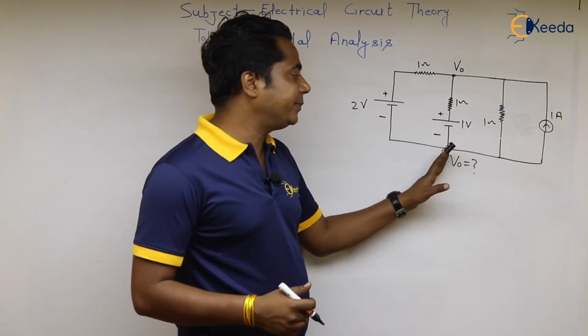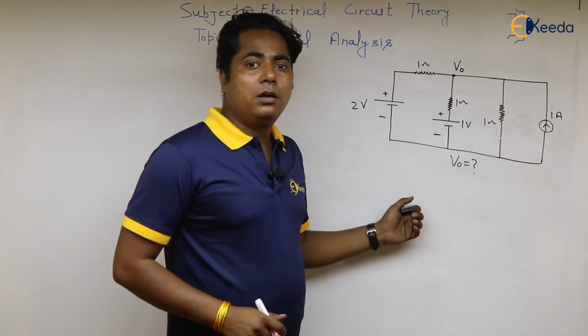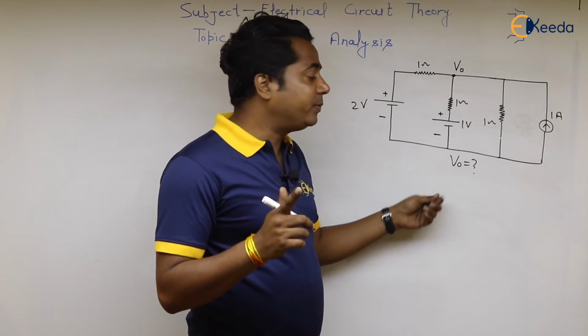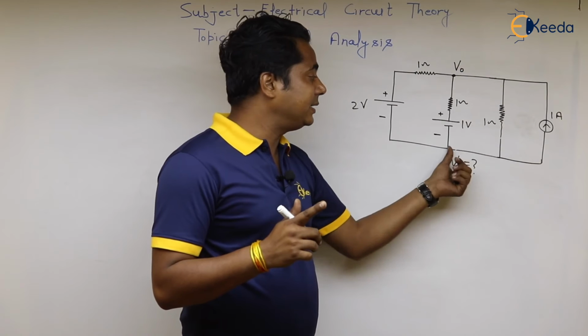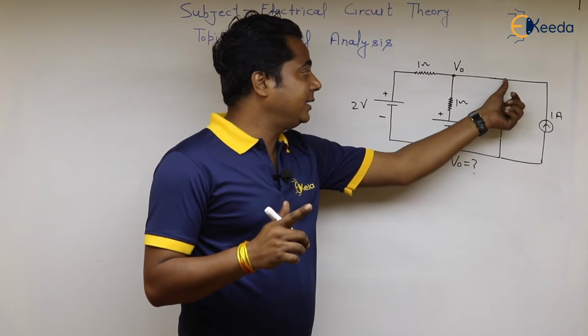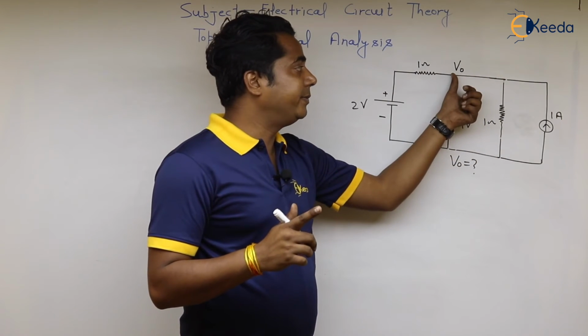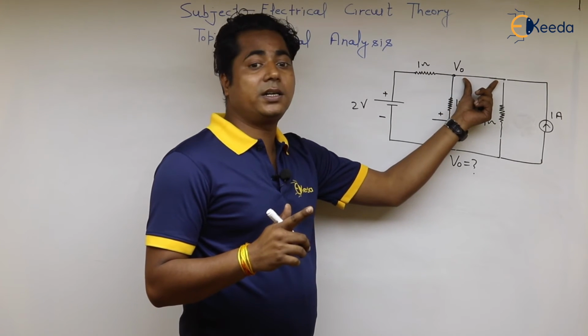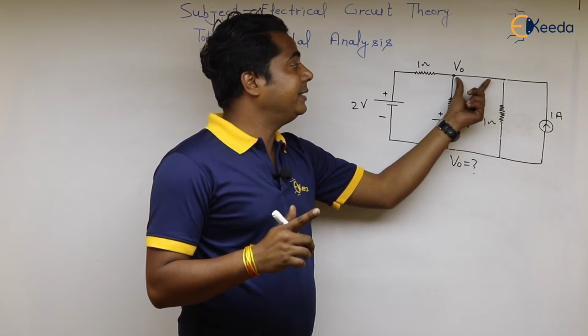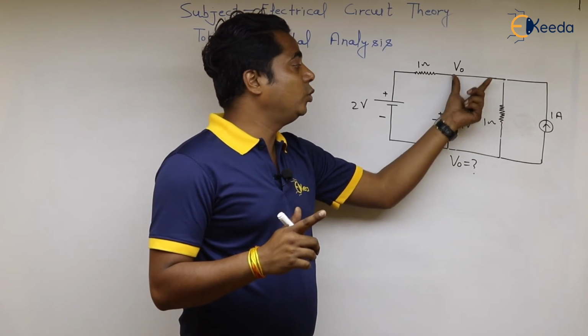How many principal nodes are in the given circuit? Only two principal nodes are present in the circuit. This and this is one principal node. This and this is one principal node. Do not confuse, because there is no resistor present in between this. So there are two principal nodes.